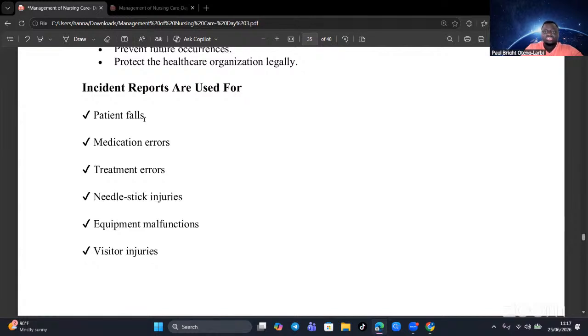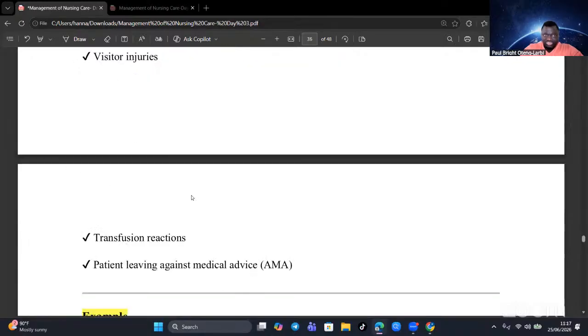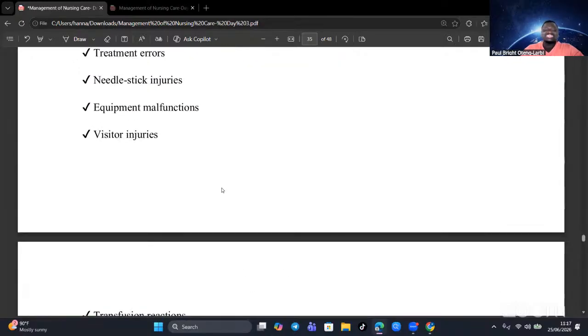Needle stick injuries, you should write an incident report, especially those who work in public health settings. People will come for their immunizations and vaccinations, everything. When there is a stick injury, there should be an incident report. Equipment malfunctions, visitor injuries. Okay. There should be incident reporting.